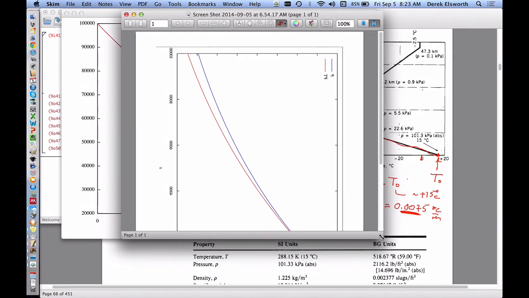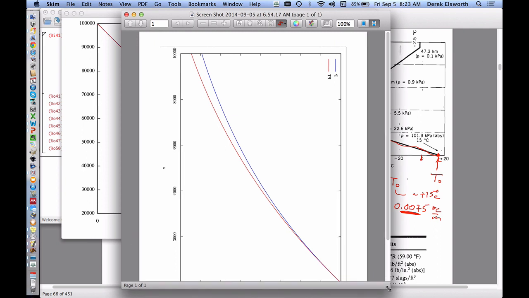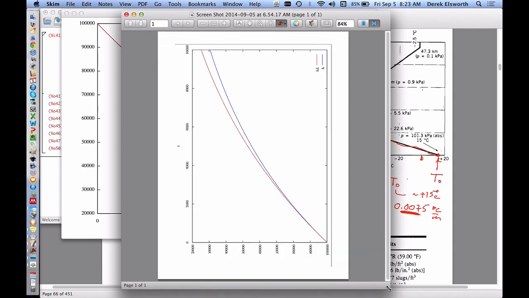We've turned it around to put it in a way which is something a bit more similar to what we've looked at ourselves. And so this is elevation, this is Z. This is pressure. And this is, if you like, atmospheric pressure.